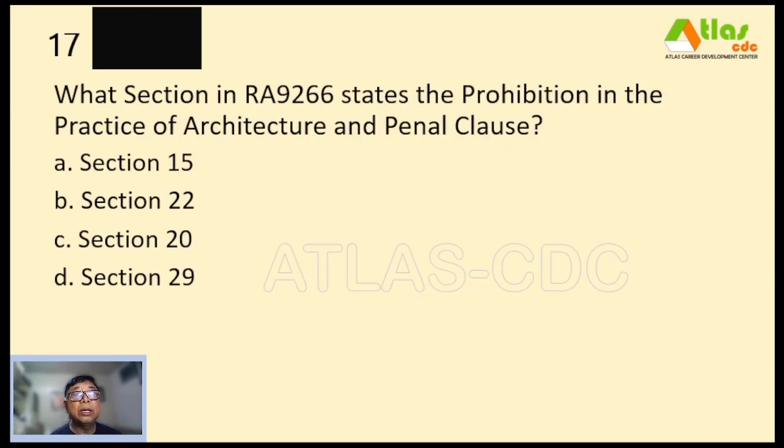And number 17, what section in RA 9266 states the prohibition in the practice of architecture and penal clause? A. Section 15, B. Section 22, C. Section 20, and D. Section 29.